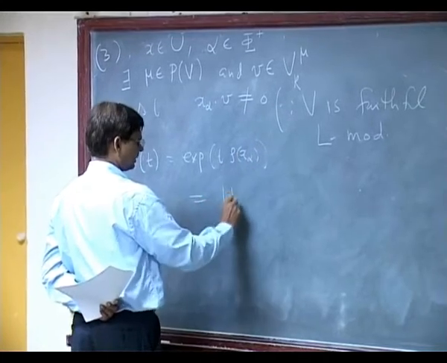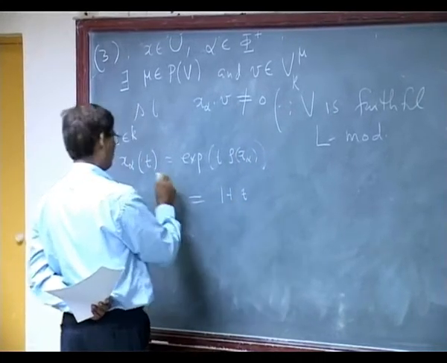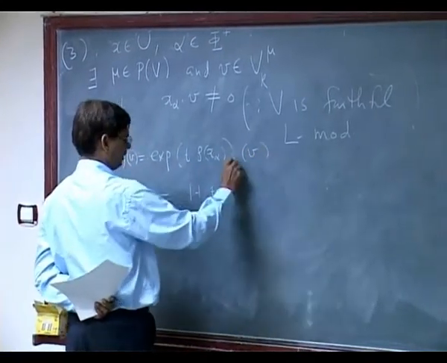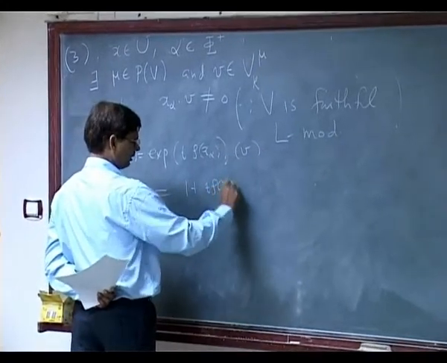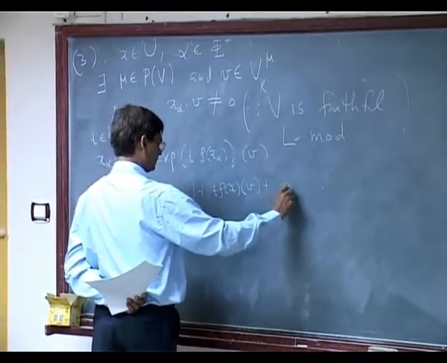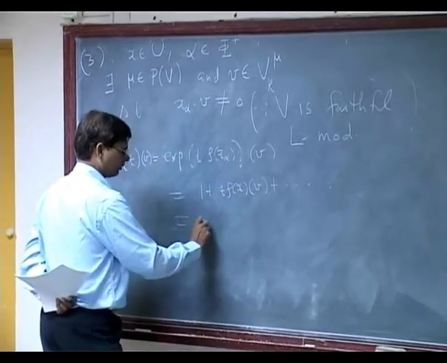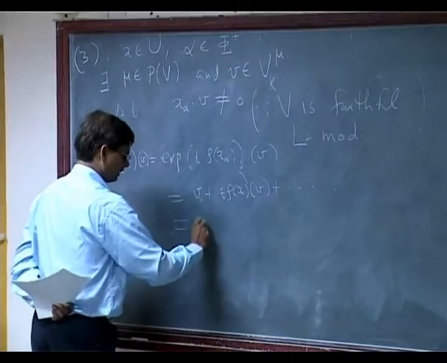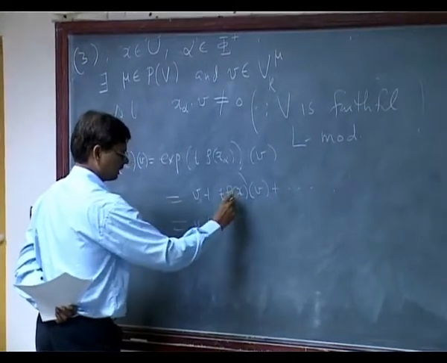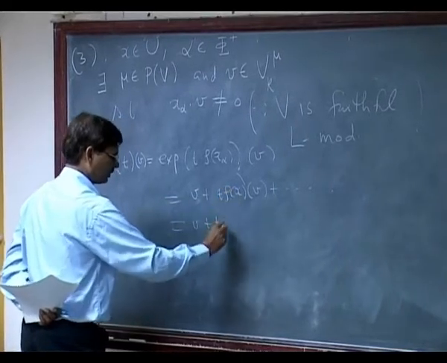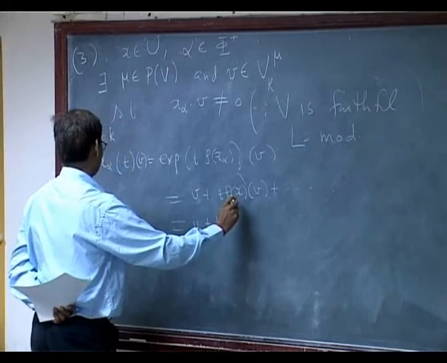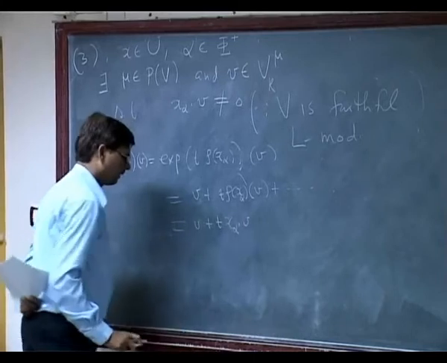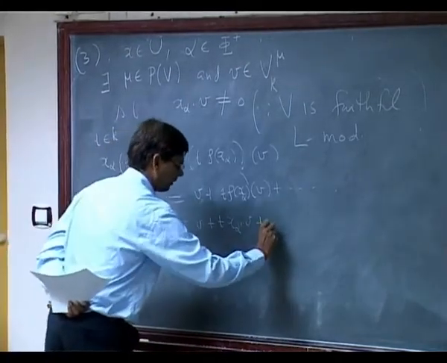So, this is 1 plus t times rho(x_alpha), and if I apply it to the element v, I get v plus t times x_alpha v plus some other element y.